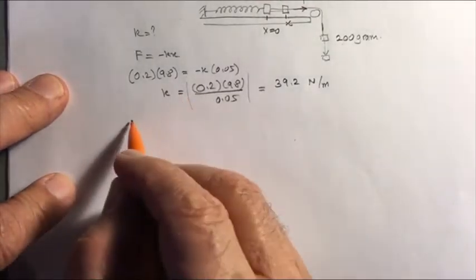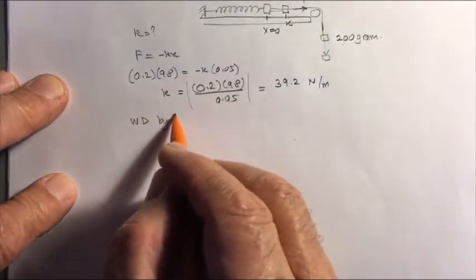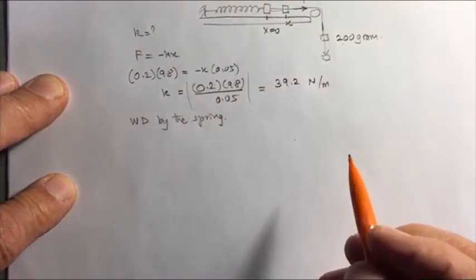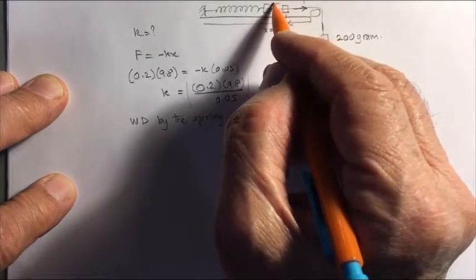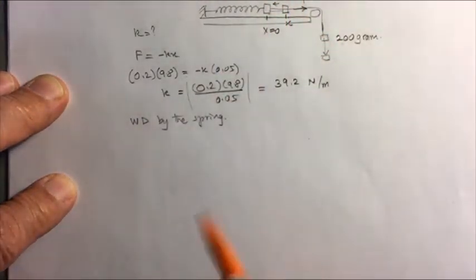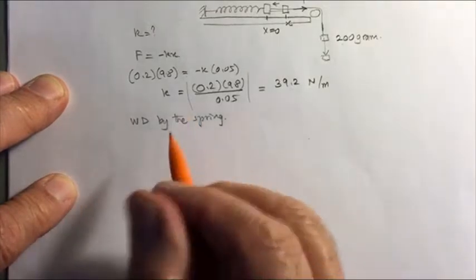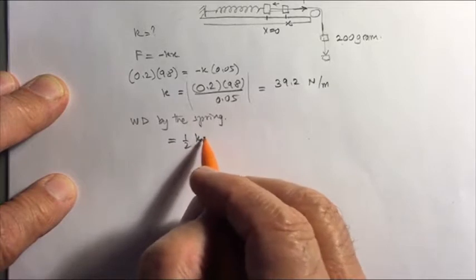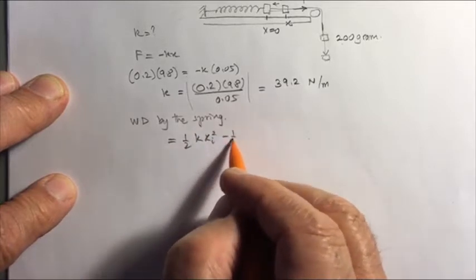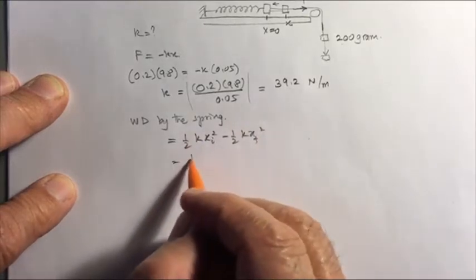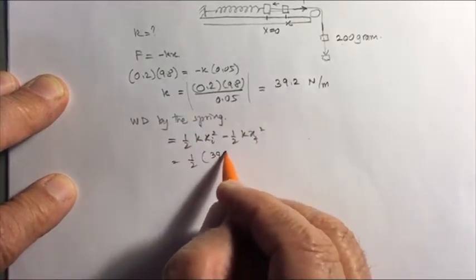Now, what is the work done by the spring? In this case, the spring is pulling back, but the displacement is positive. So the work done would be negative, and the work done would be given by half k x initial squared minus half k x final squared, and that would be half of 39.2.